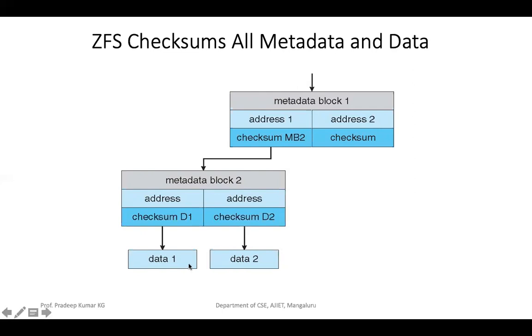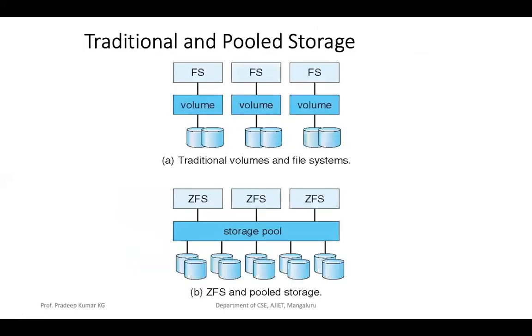Initially data 1 will have checksum D1, which will have the address of it. This is covered with metadata block 2, and metadata block 2 will have another checksum. Metadata block 2 will have its own address, so that is covered with metadata block 1. Now if you observe clearly, we have the same amount of data again over here. That is data duplication with security.